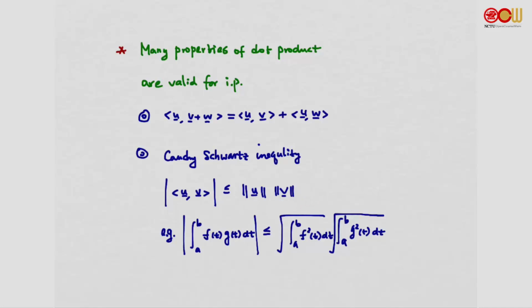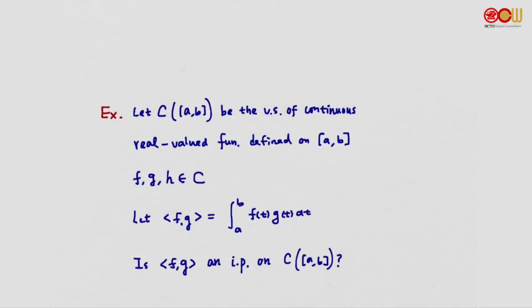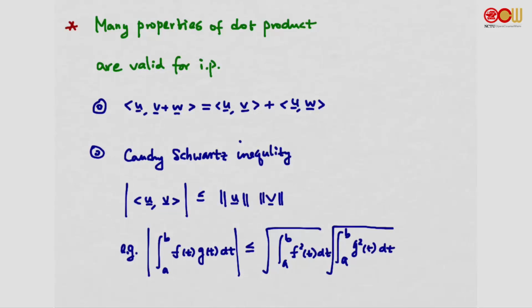For example, let's consider the example of C[a, b], where the inner product is defined this way.